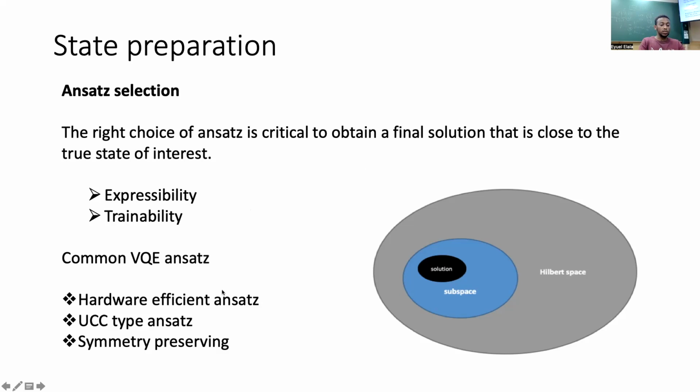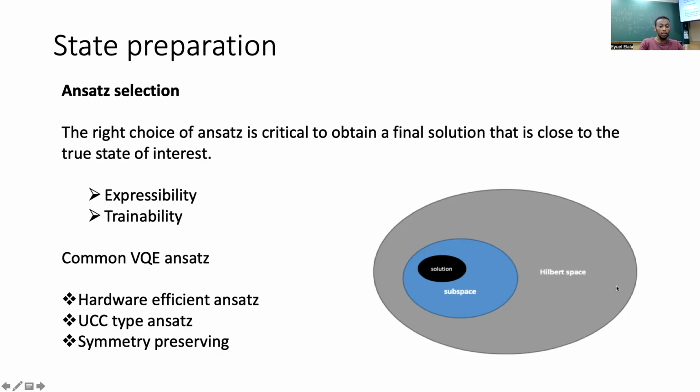And there are some common types of VQE ansatz, like the hardware efficient ansatz, UCC type ansatz, and symmetry preserving ansatz. Even talking about this is a really broad topic. There's much to say about these chemistry inspired ansatz, but generally they have their own properties.